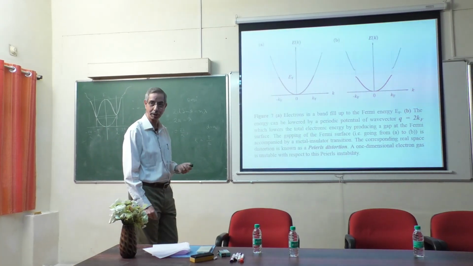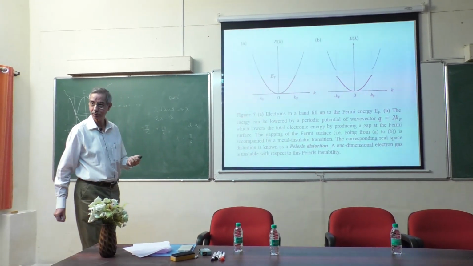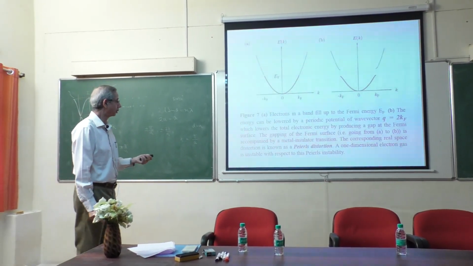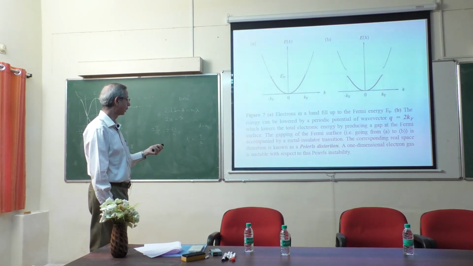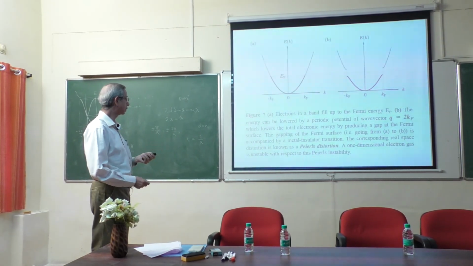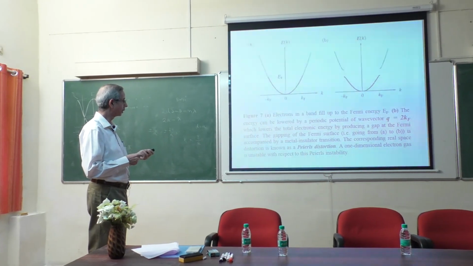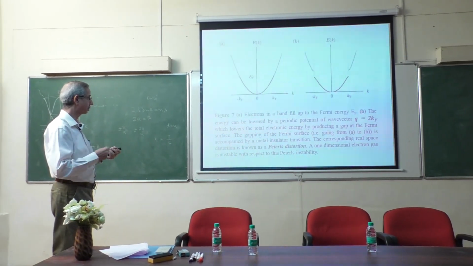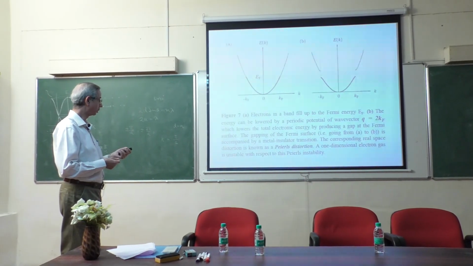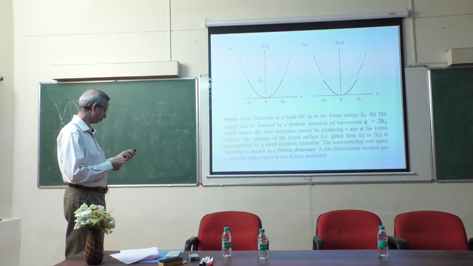Here it is kF and minus kF. Okay. So this nesting, nesting of the Fermi surface is an important ingredient in any such thing. So then you have this charge density wave.